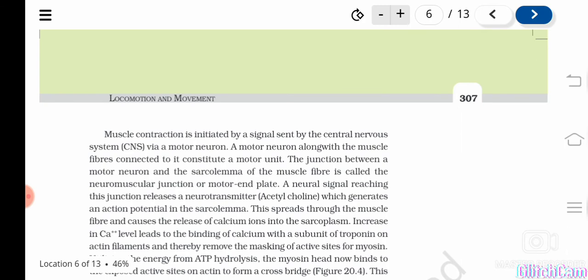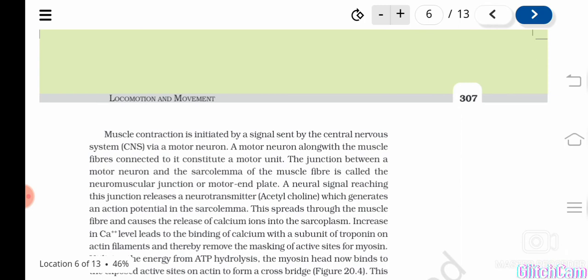It will be received in the neuromuscular junction. A neural signal reaching this junction releases a neurotransmitter, some chemical like acetylcholine. And this causes an action potential in the sarcolemma, and this will reach the sarcoplasmic reticulum.